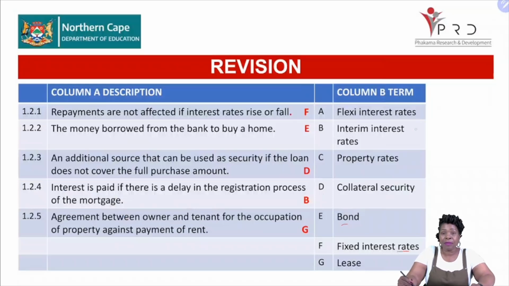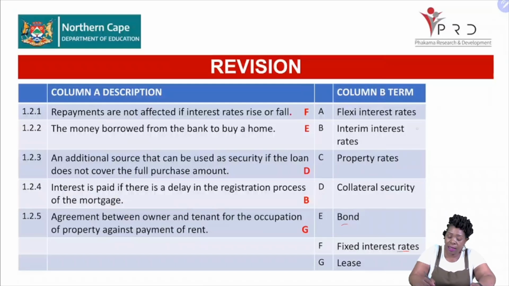I'm sure next year most of you will be renting. When you go to university, you'd need to rent somewhere because the university will be a bit further from your home. So what is it that you sign when you occupy somebody's property?